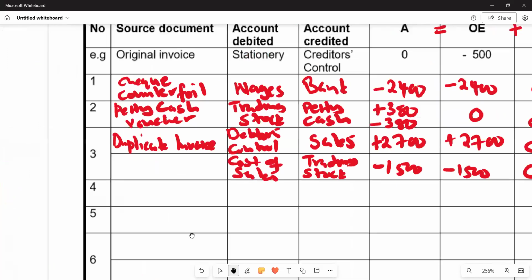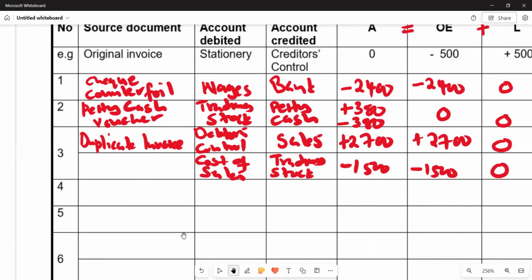Right. So since we are not buying goods, when we buy goods, we are supposed to have an invoice. So in this case, we are going to have an original invoice. Here's our source document. So we are just saying original invoice.